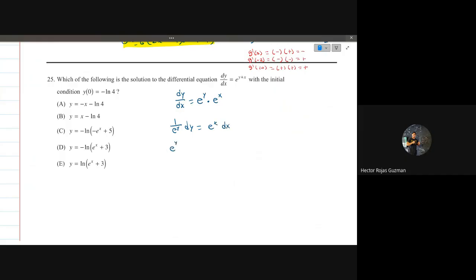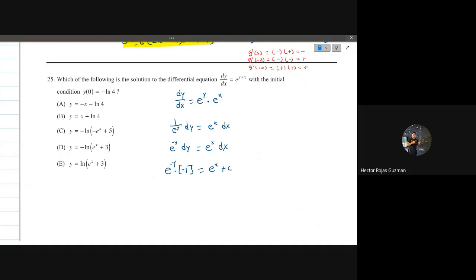Bring it to the numerator. The antiderivative is e to the negative y times the reciprocal of the derivative of negative y. The derivative of negative y is negative 1, and the reciprocal is still negative 1. That's a lot of words, huh?